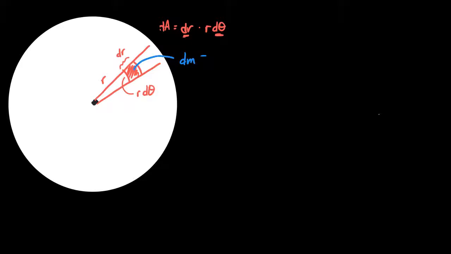And its mass will be equal to the density times the area. The density of the disk will be the entire mass of the disk divided by the entire area of the disk. That is the density of the disk.